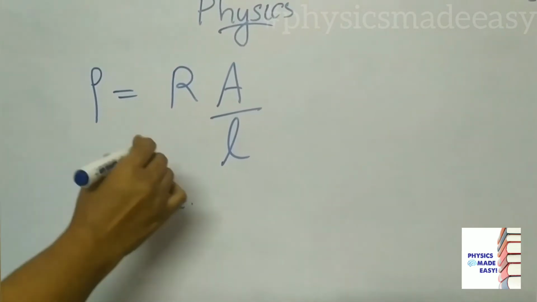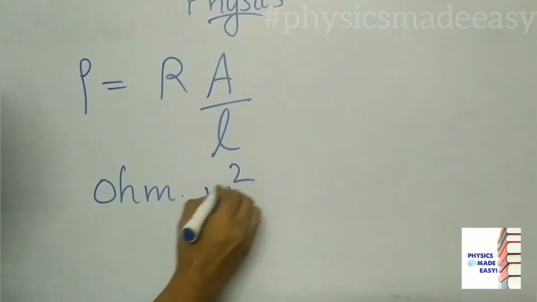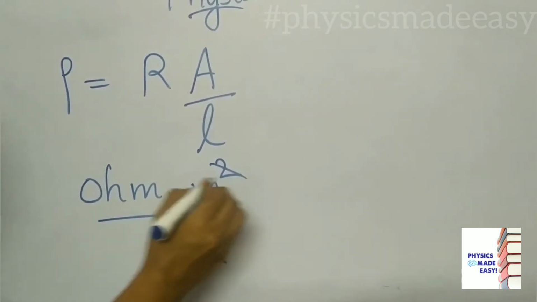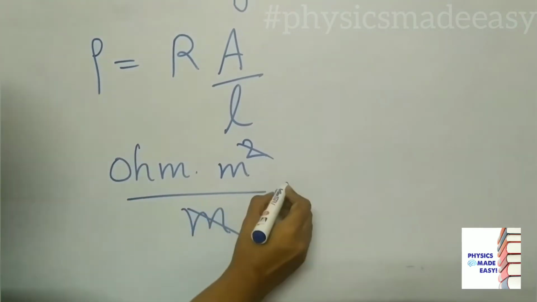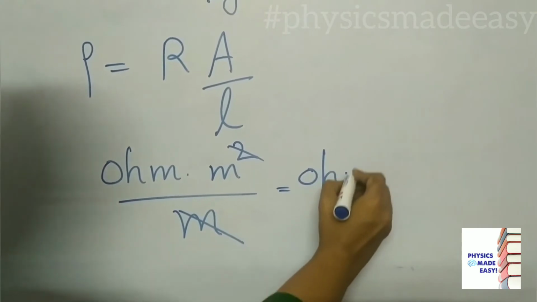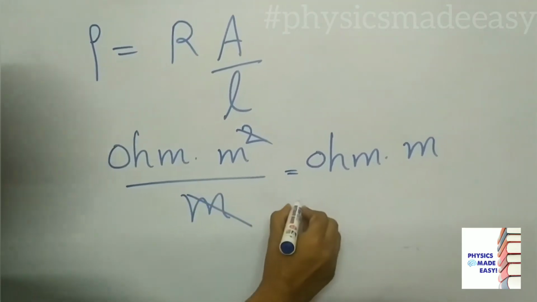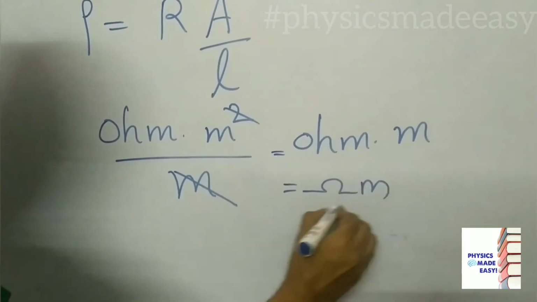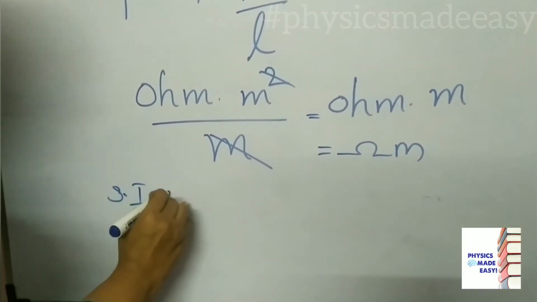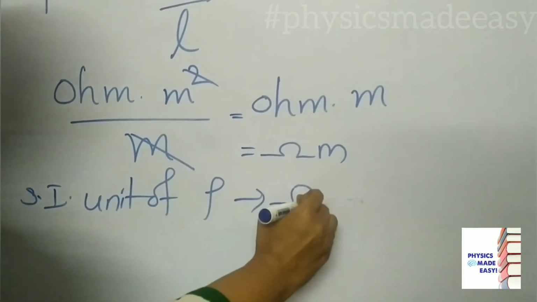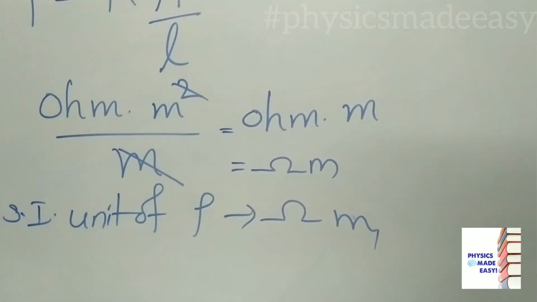What is the unit of area? Meter square, divided by unit of length, which is meter. This meter and 1 meter here we can cancel. Then you will get ohm meter. Ohm meter is the unit of resistivity, that is the SI unit of resistivity.